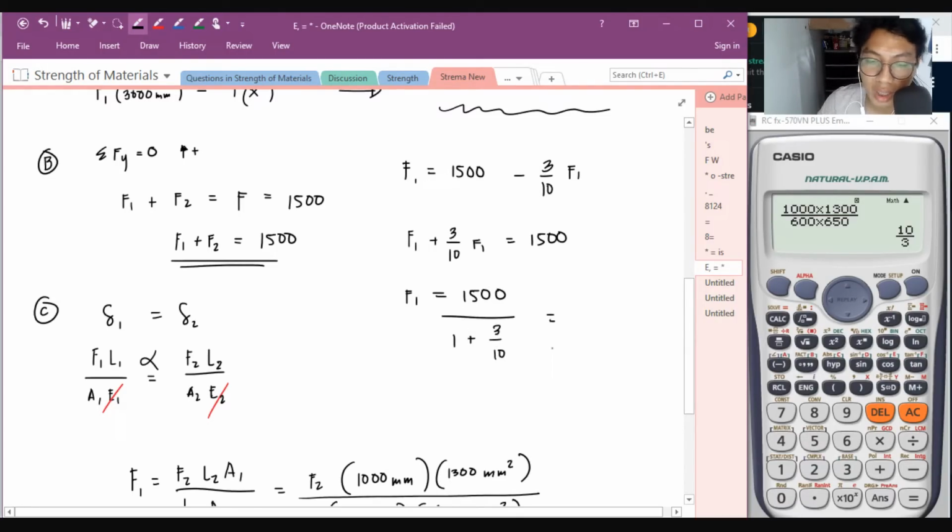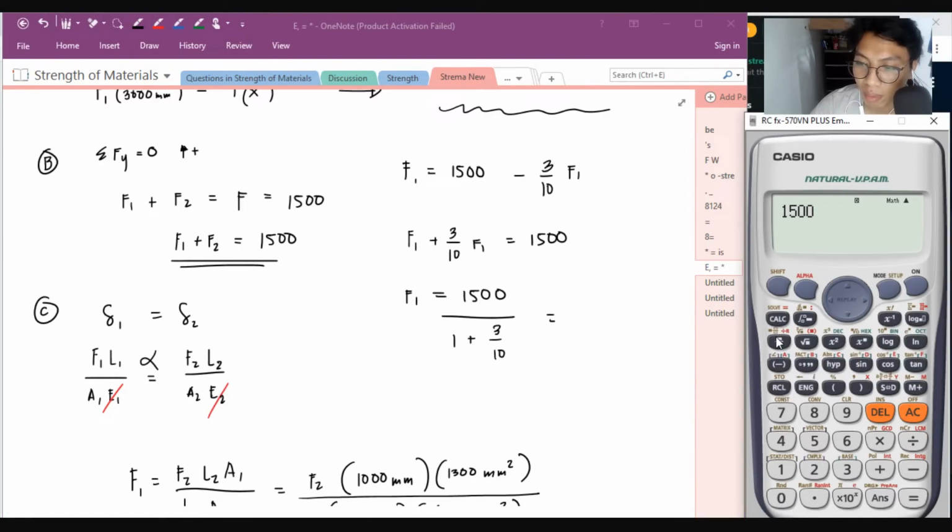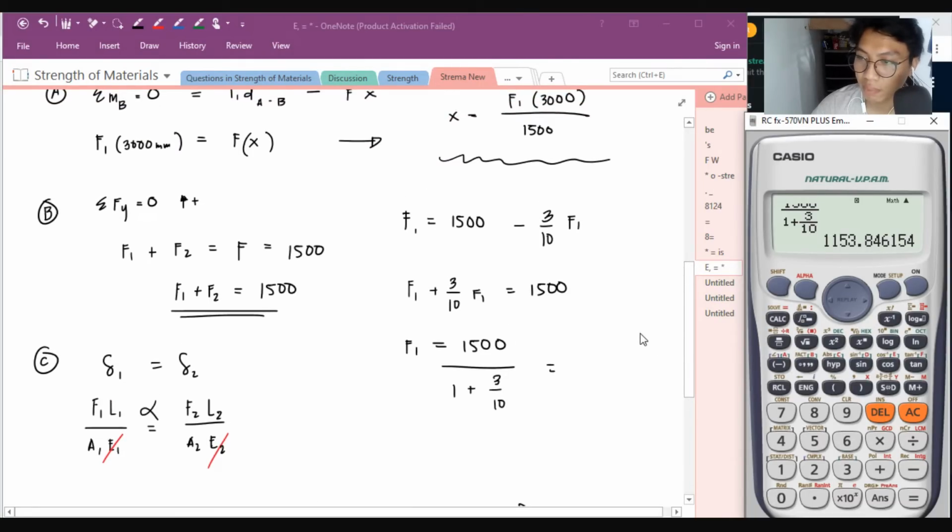What will be the answer for F1? F1 is 1153.85 kilonewton.